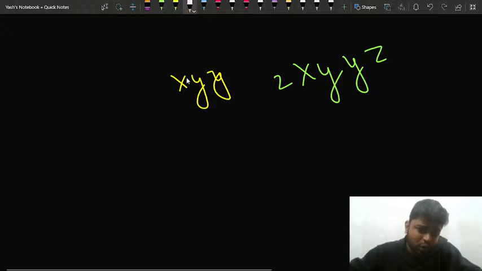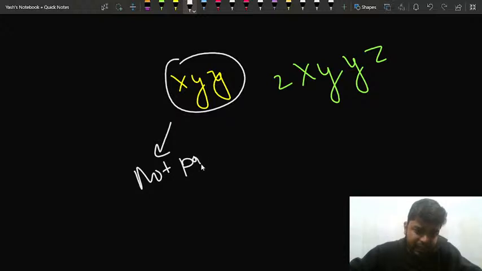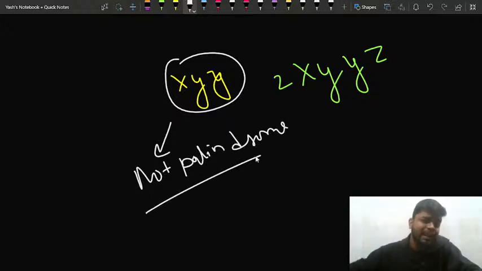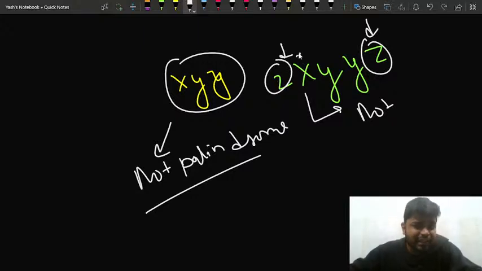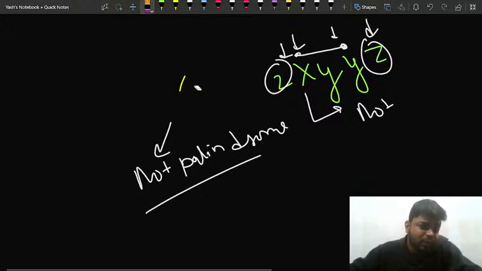If you know that this particular inner substring is not a palindrome, then this will also not be a palindrome. You don't need to check these two particular characters, because even if they are equal, the internal substring is not a palindrome, so that will never be a palindrome.